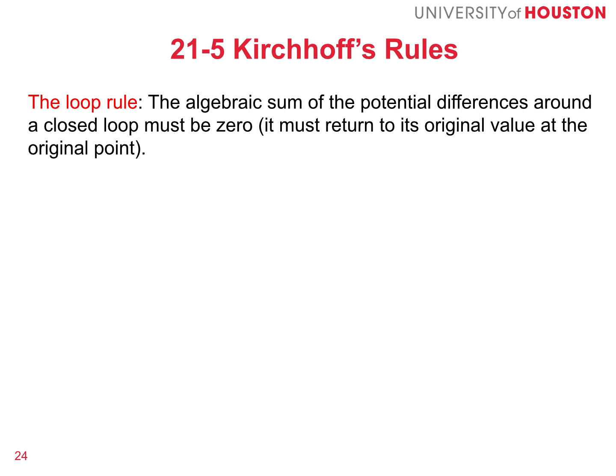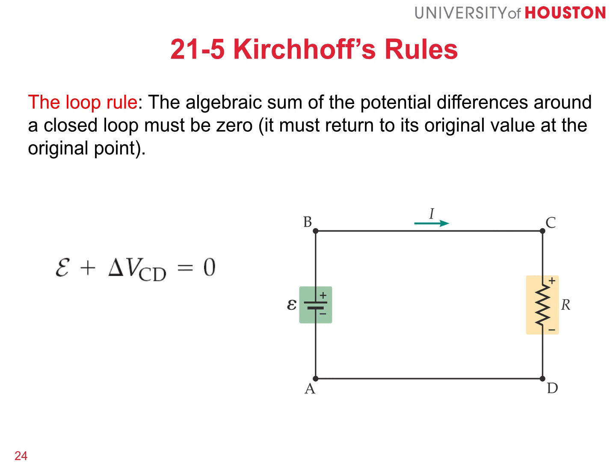We usually represent this by saying that the EMF, where potential can be gained or lost, plus the potential lost when a current travels over a resistor or many resistors, is equal to 0.